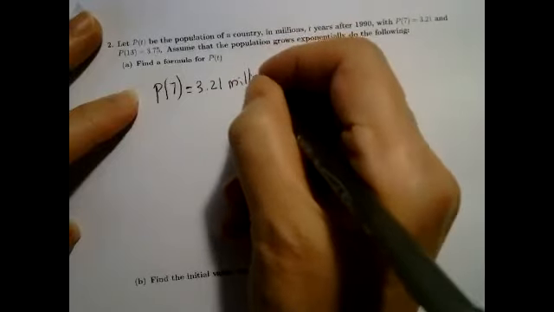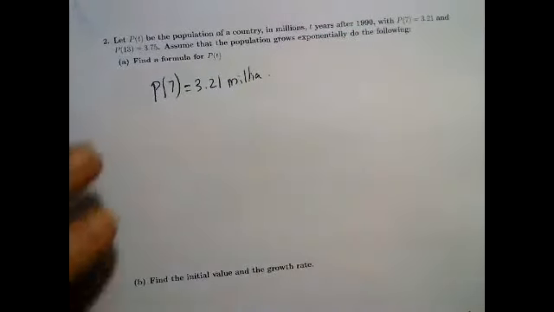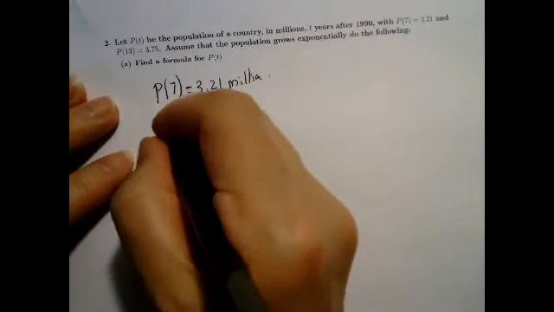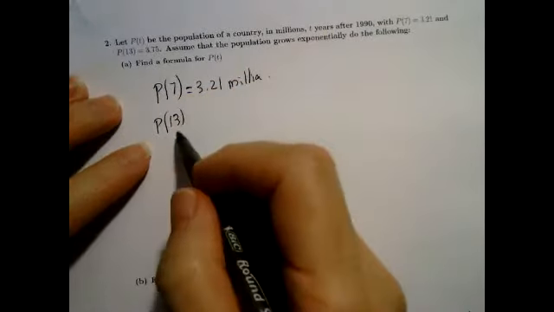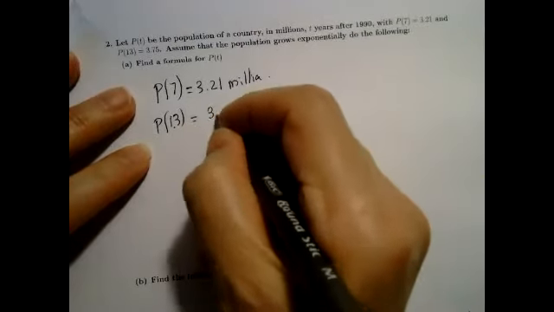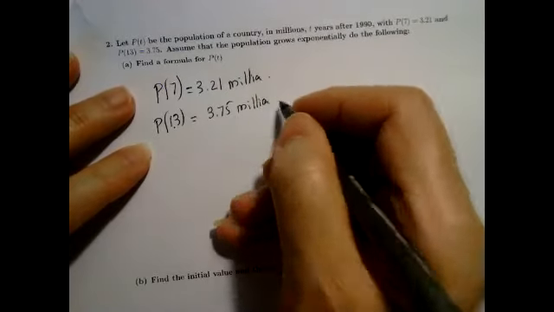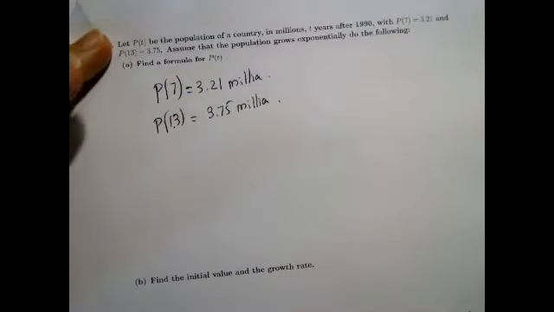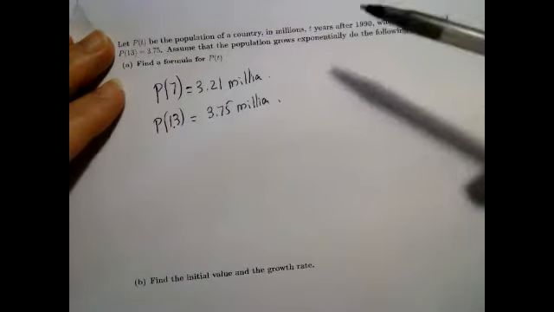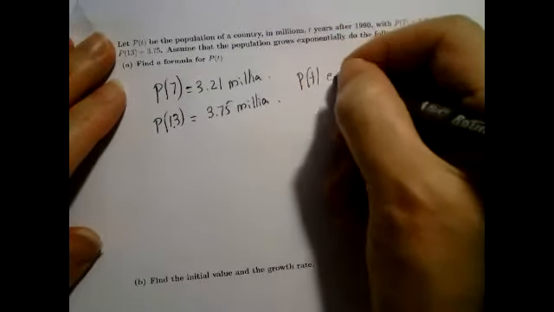So the census was not done in 1990, the census was done in 1997. And then it was done for T equal 13. So after basically 6 years, the population grew. Another question is, find a formula for this population, granting it is exponential.